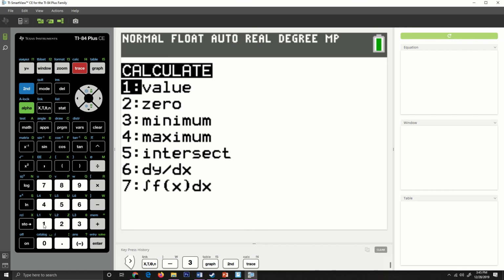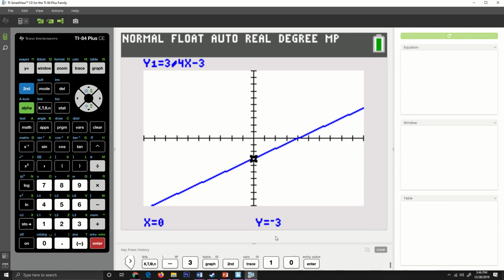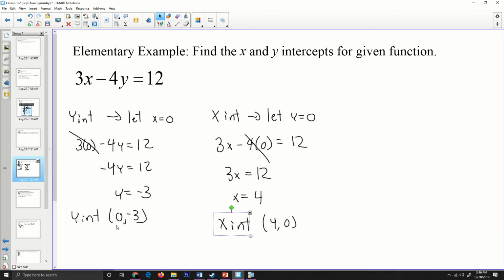Now I'm going to use the value function here to find my y-intercept, because what this function does is it allows you to type in any x value that you want along the visible x-axis, and it will tell you what it is. And we know that the y-intercept has an x value of 0. So if I type in 0 into the value, I get 0, negative 3.